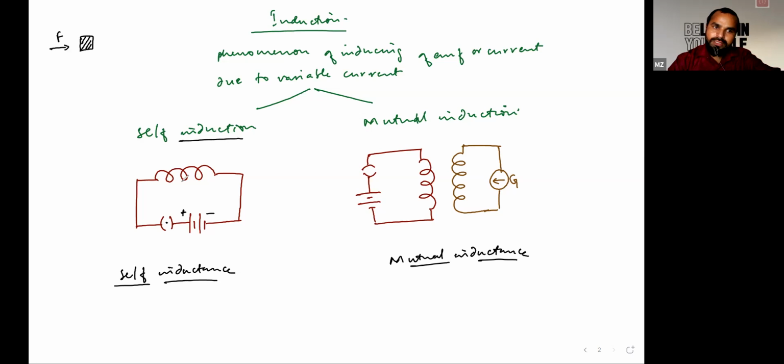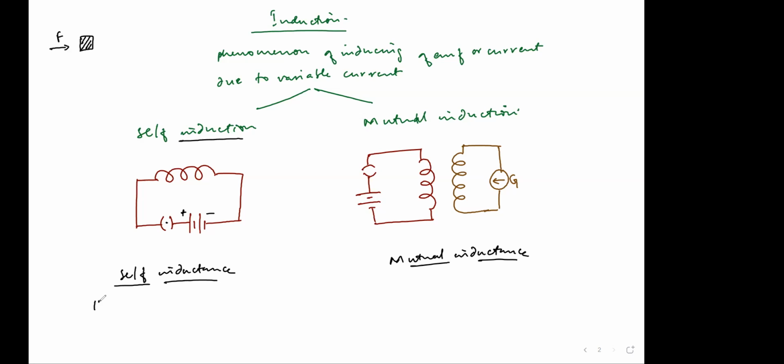Due to that change, a current gets induced in the same circuit. So it is the property of the coil to induce a current in the same circuit, because a variable current was passed through it. That tendency of the coil to oppose that variable current is called self-inductance. Is it clear? Yes, sir.